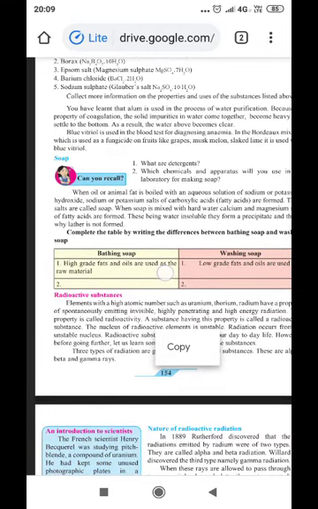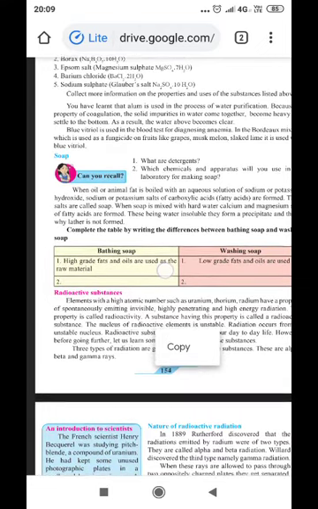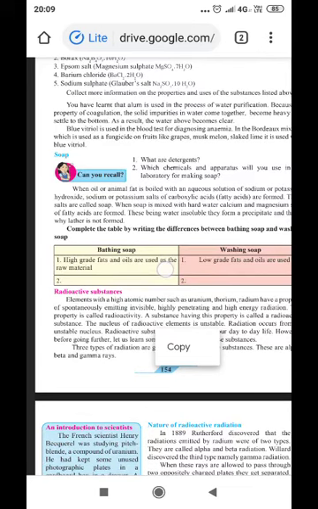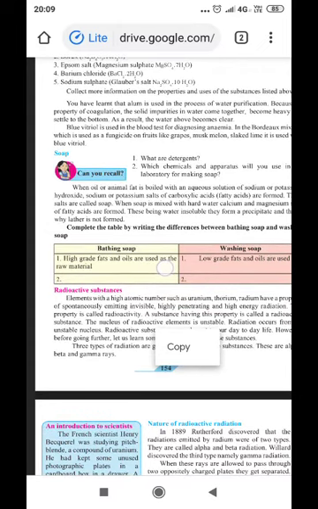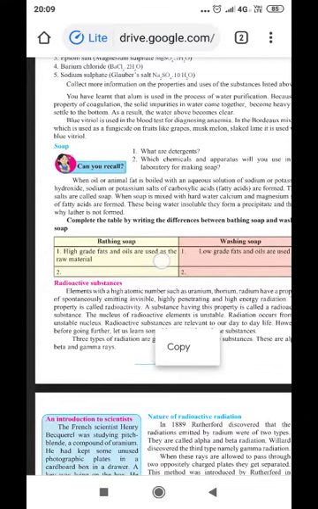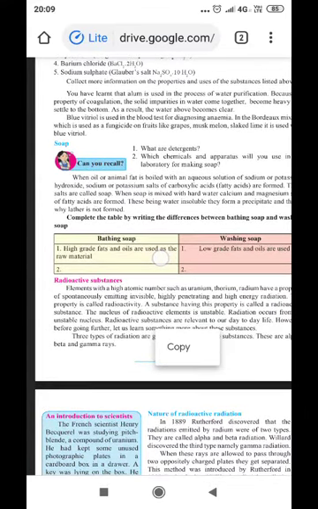You have learned that alum is used in the process of water purification. Because of the property of coagulation, the solid impurities in water come together, become heavy, and settle at the bottom. As a result, the water above becomes clear. Blue vitriol is used in the blood test for diagnosing anemia. Anemia means a person whose body lacks blood.